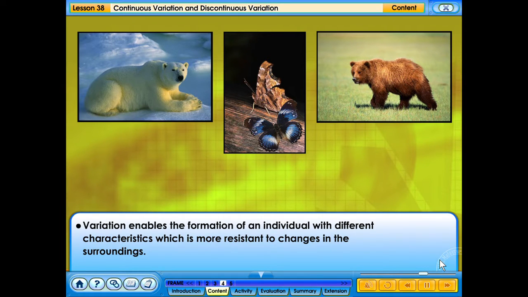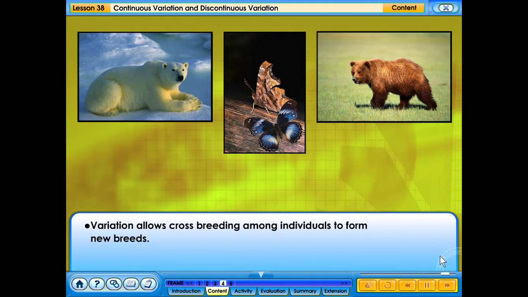Variation enables the formation of an individual with different characteristics, which is more resistant to changes in the surroundings. Variation allows crossbreeding among individuals to form new breeds.